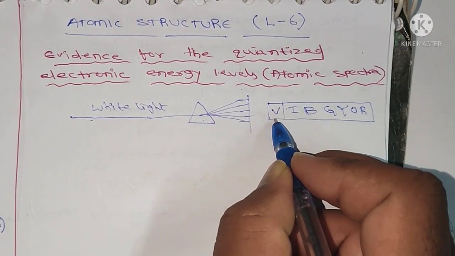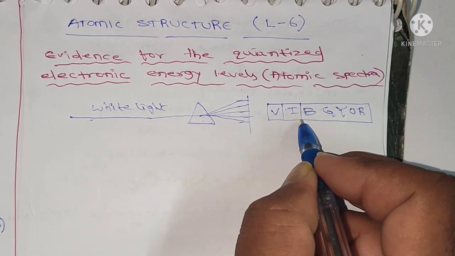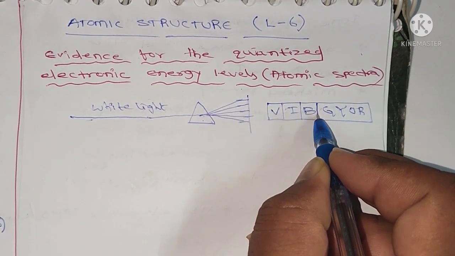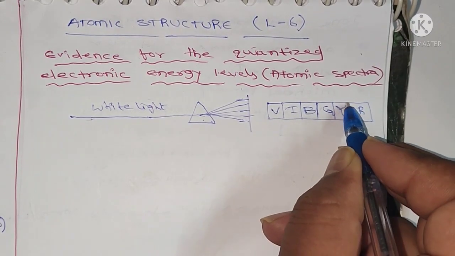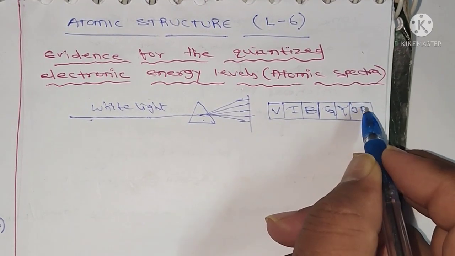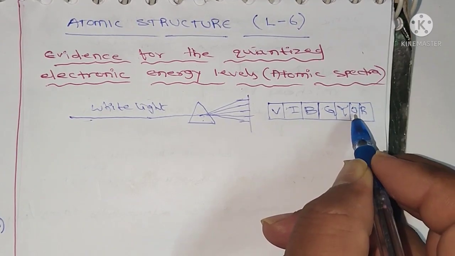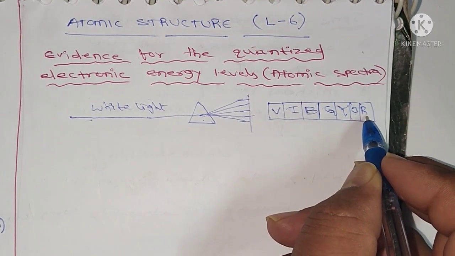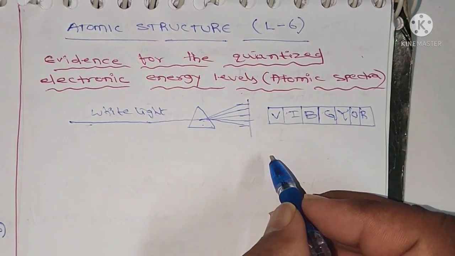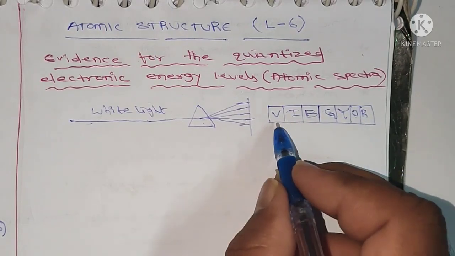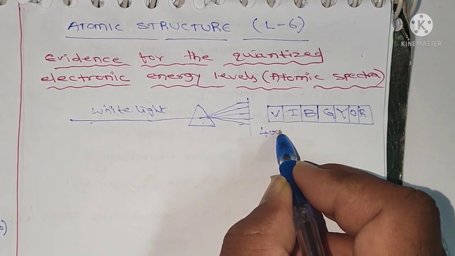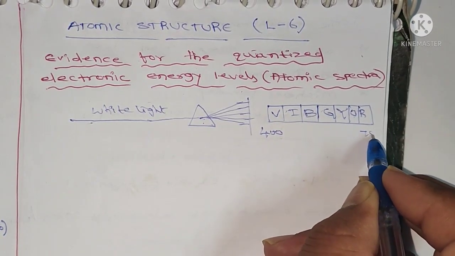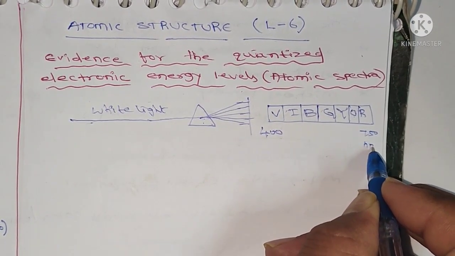V is violet, I is indigo, B is blue, G is green, Y is yellow, O is orange and R is red. And this VIBGYOR range is 400 to 750 nanometers.